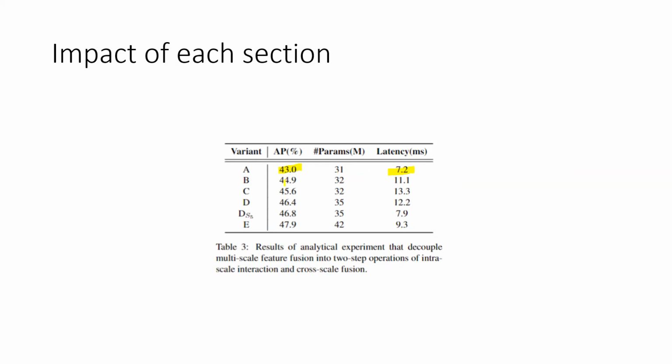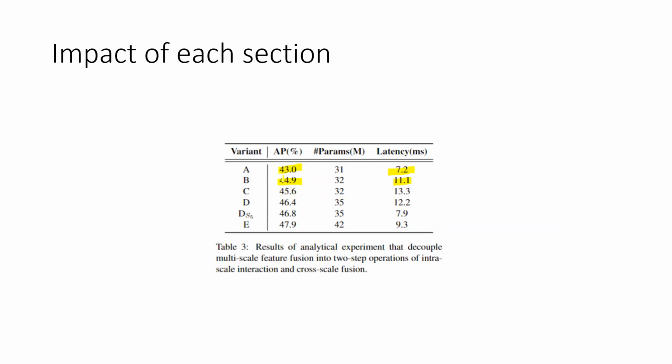In the second one, when they just used a single-scale encoder, the accuracy improved, but the latency didn't increase much, like it's 11.1. For the third one, with the multi-scale encoder, the accuracy improved further.